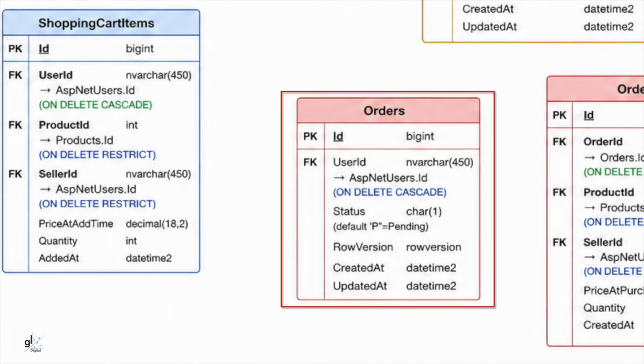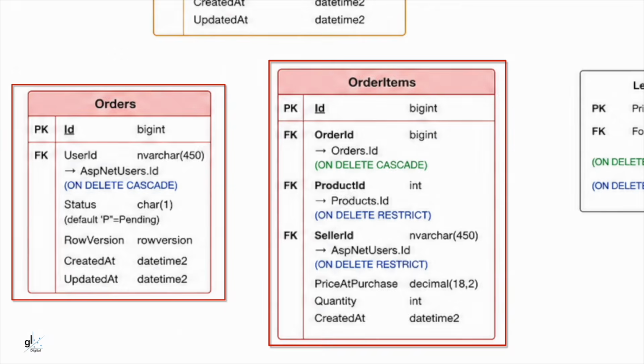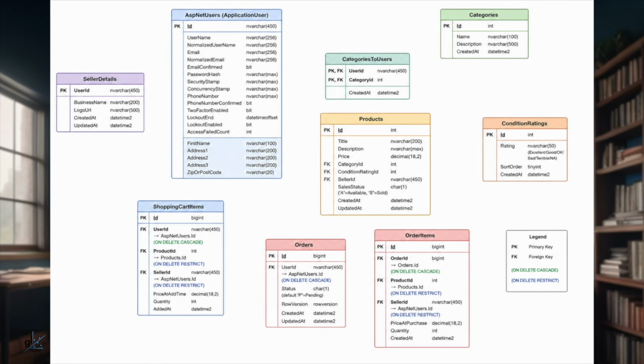When a purchase is completed, an order is created for the buyer containing 1 or more order items that capture the purchased products, seller details, and purchase price. Together, these relationships provide a normalized, scalable database design that supports user management, product listings, shopping, and order processing while maintaining referential integrity and historical transaction data.